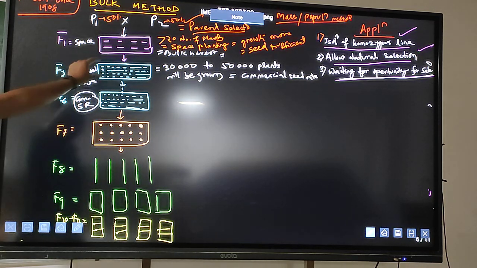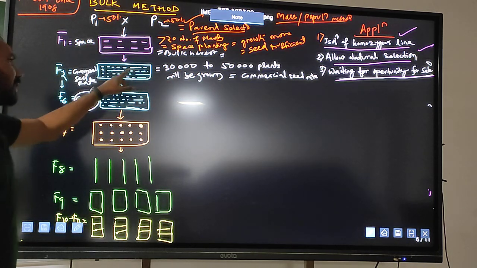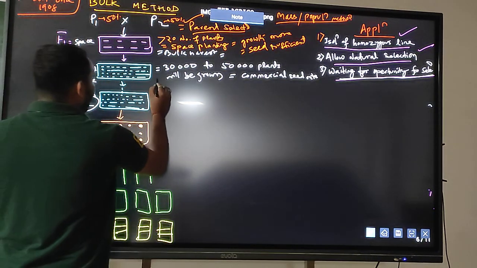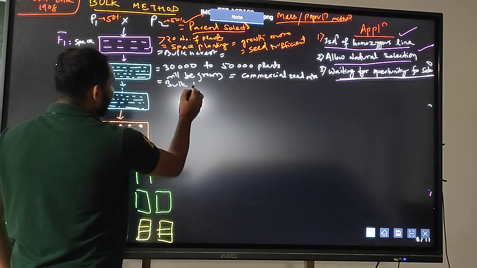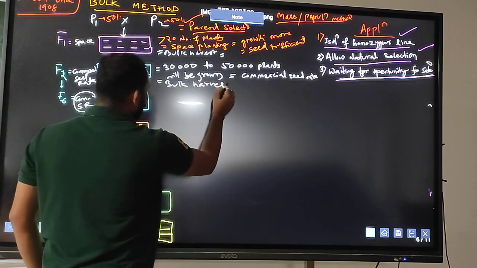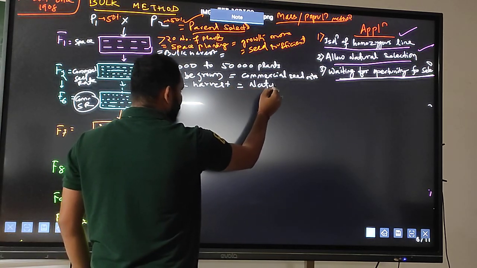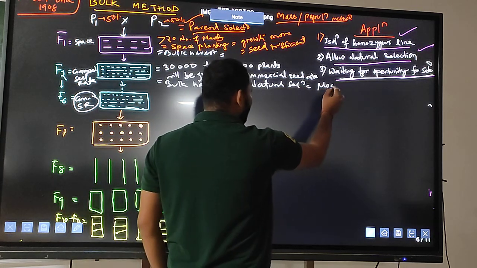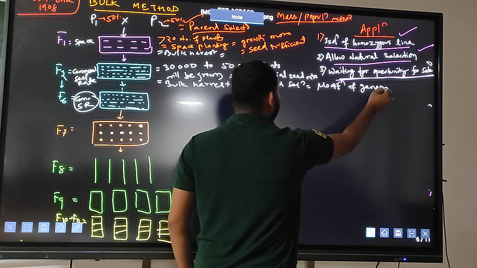Now in the F2 generation, 30,000 to 50,000 plants will be grown, and a commercial seedbed will be there. Then go for bulk harvest. I have already told, go for bulk harvest. As we are doing bulk harvest, that means we are allowing natural selection. So we are allowing the modification of genotype. Yes or no? Modification of genotype.